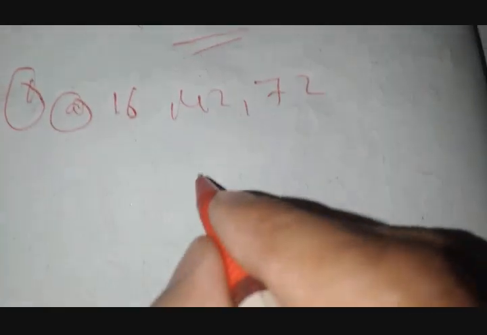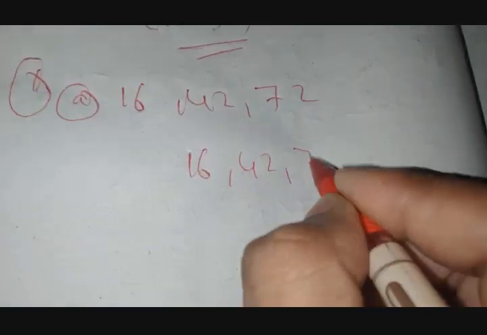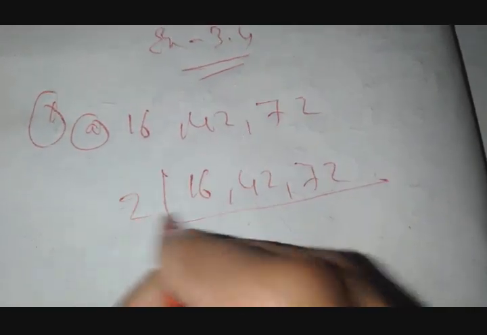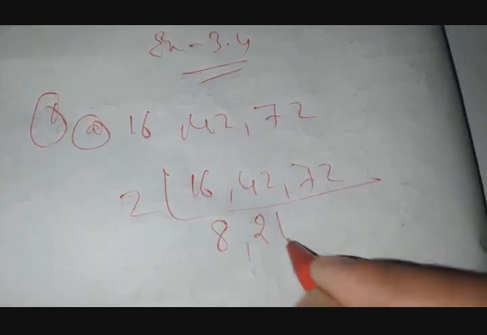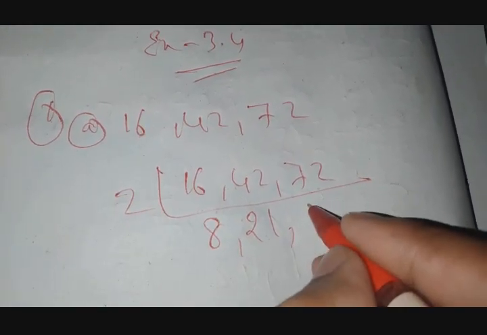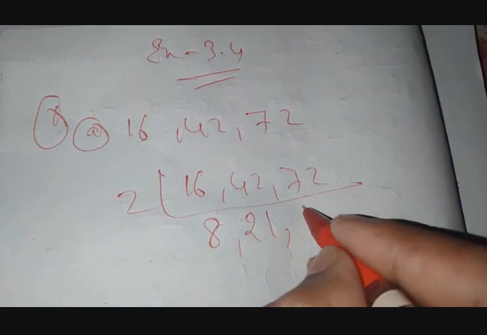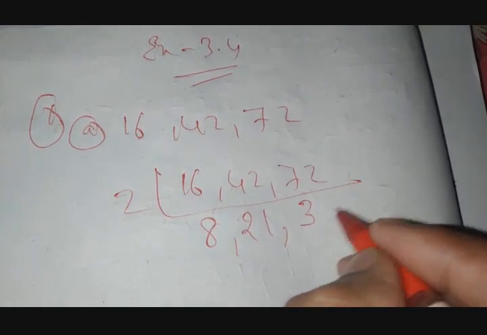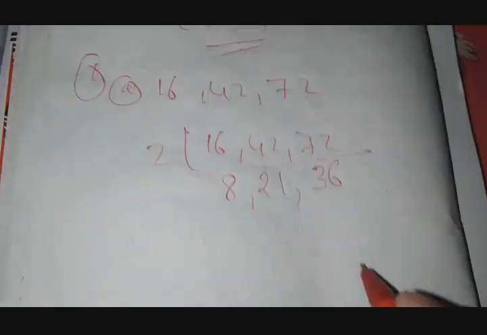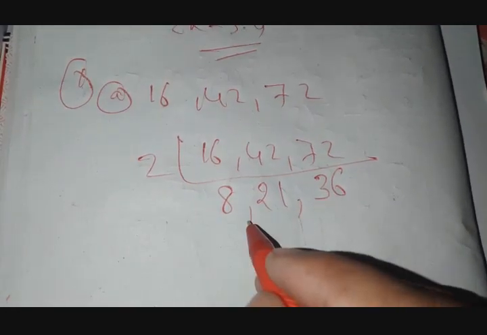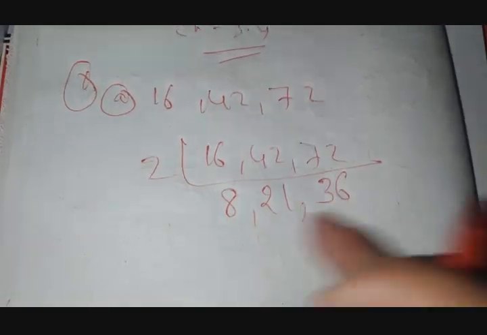What will we do? See, 16, 42, 72. First we'll divide with 2. We get 8, 21 and 36. Then we get 4, 21 and 36. Okay. And there is no common factor we can get by 2 or 3.